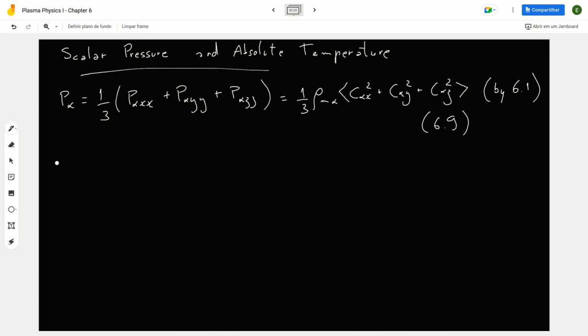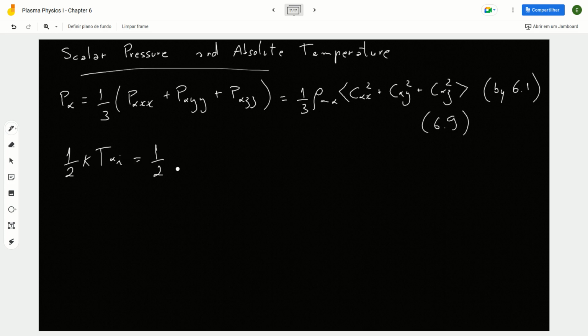The absolute temperature is the mean kinetic energy associated with random motions. So you have it for each direction. Let's write it like this. This K is Boltzmann's constant. You have the temperature of alpha particle in the I direction.